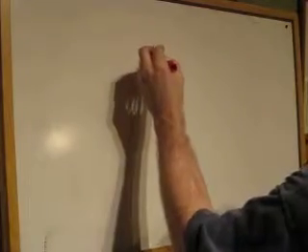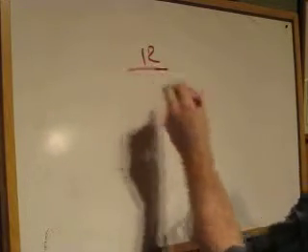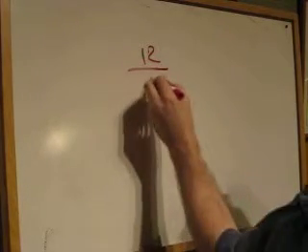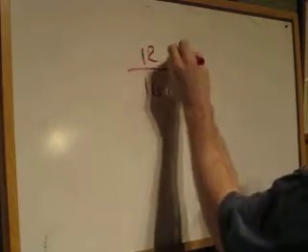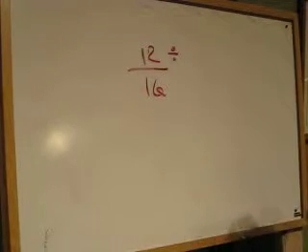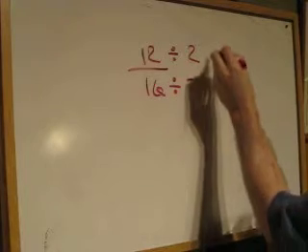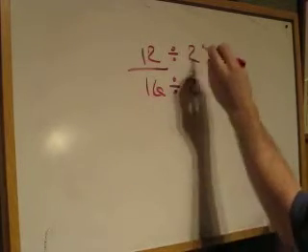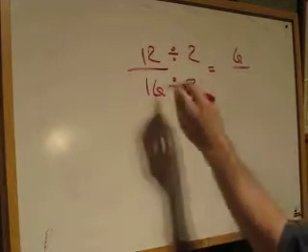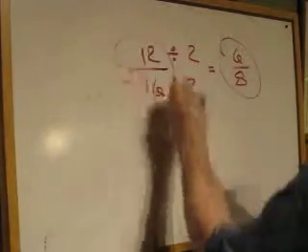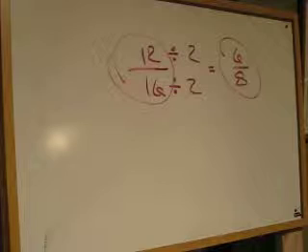You can not only multiply the top and the bottom by the same number and get an equivalent fraction, you can also divide. So if I divide this by 2 and I divide this by 2, I get 12 divided by 2 is 6, 16 divided by 2 is 8. This fraction and this fraction are equivalent.